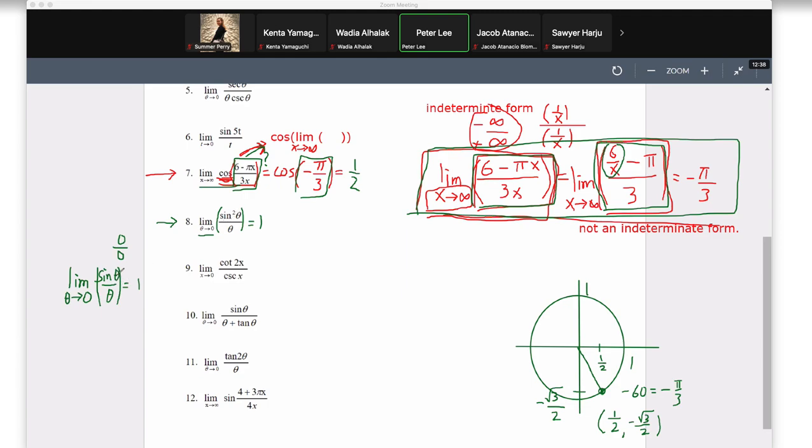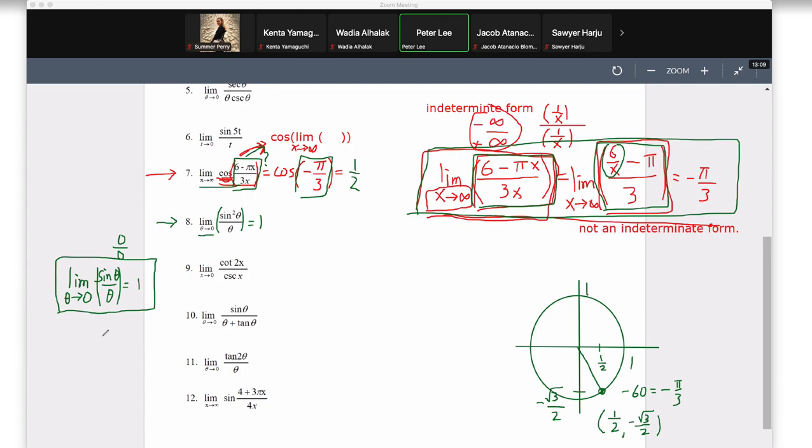If you're dealing with a limit of an expression including any trig function, cotangent, cosecant, doesn't matter, secant, sine, cosine, tangent, any one of the 6 trig functions, then that means we need to apply this formula, and this is the only one. This is the only formula you need, virtually 100% of the time.